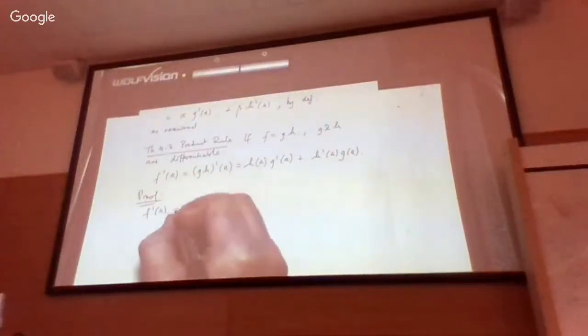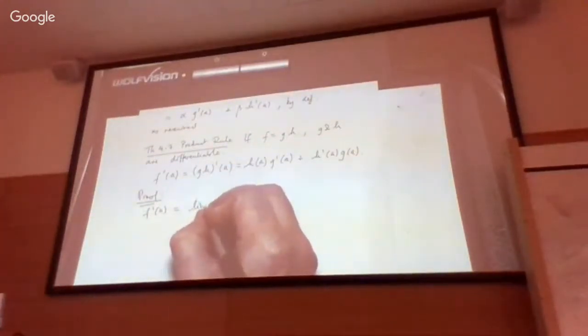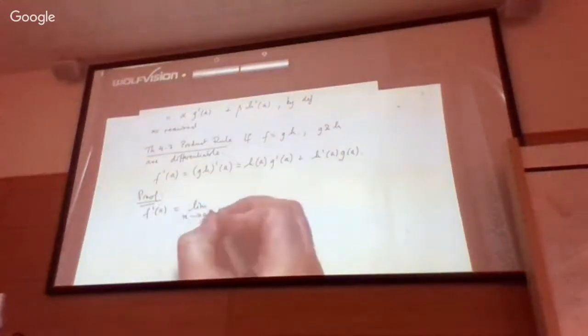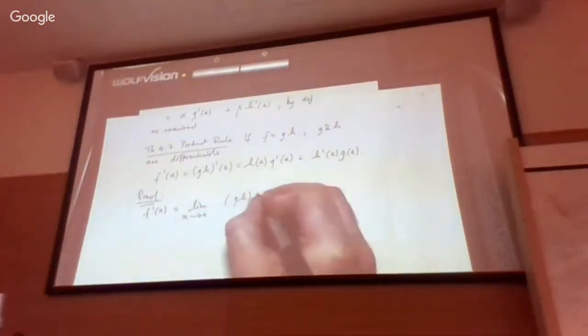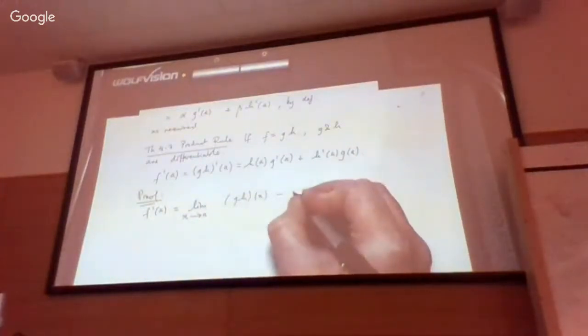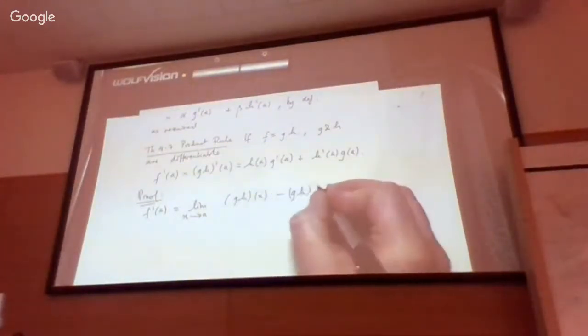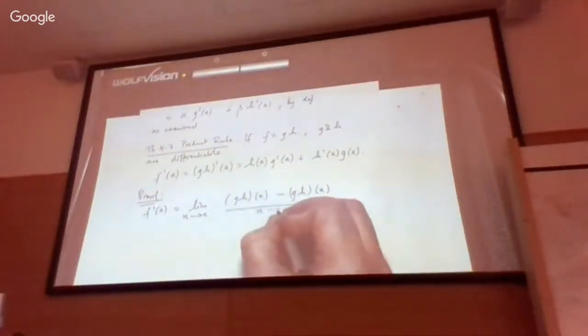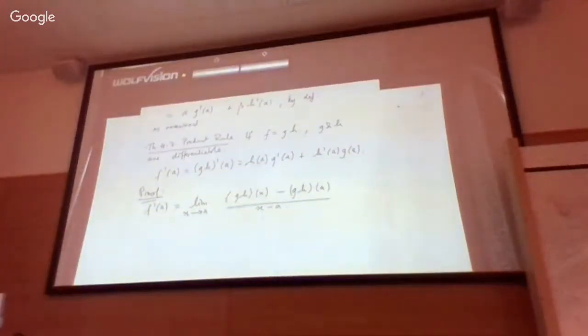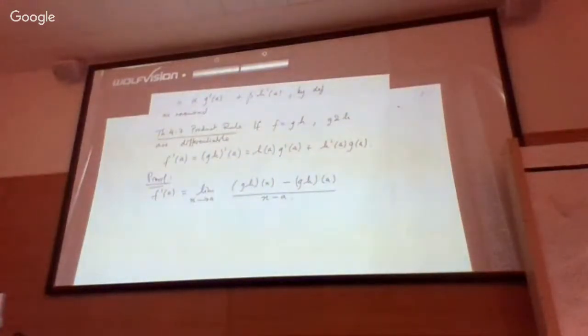So, we launch into it with the definition. The definition says the derivative is the limit as x approaches a of the value of the product at x, minus the value of the product at a, and all of this relative to the difference x minus a. There it is.